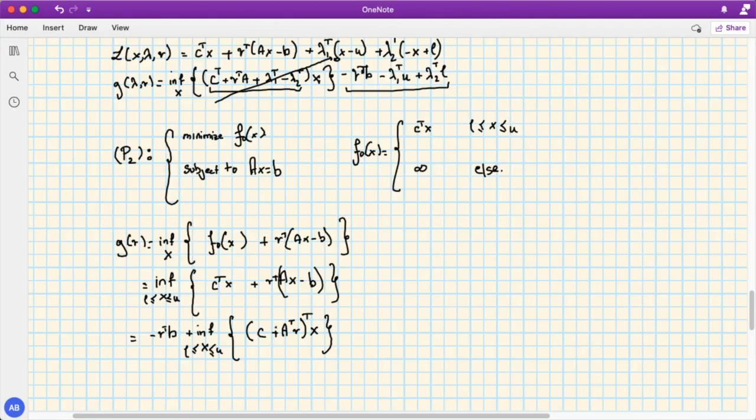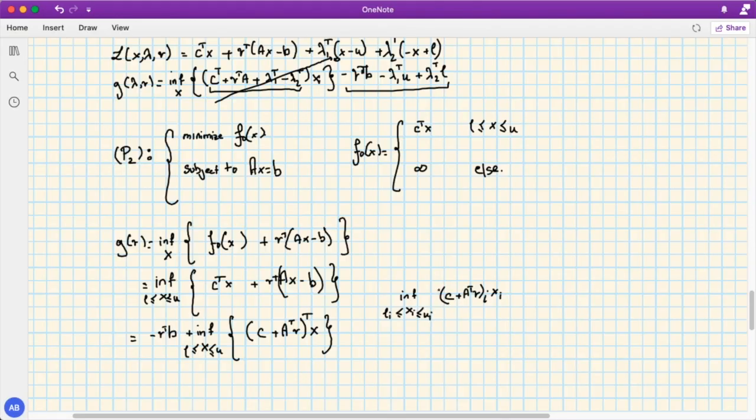If I take a look at the ith term of the vector c plus A transpose nu multiplied by xi, I'm trying to find the infimum of this where xi is between li and ui.